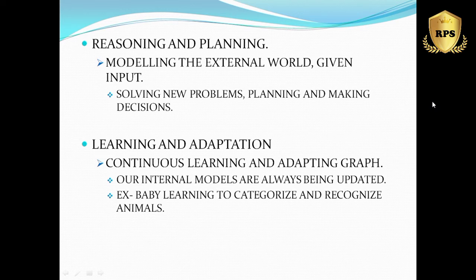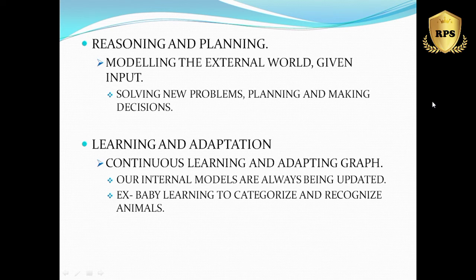So here, continuous learning, the machine must always learn, and then adapt. There is some information which the machine can adapt, and our internal models are always being updated, so that the new things are there in its system. For example, a baby learning to categorize and recognize animals.